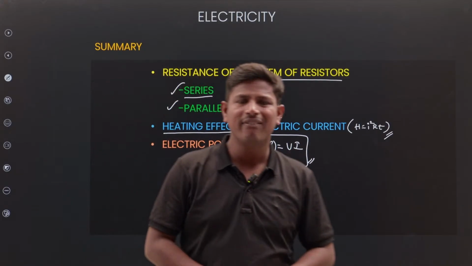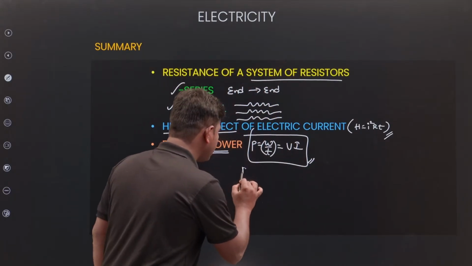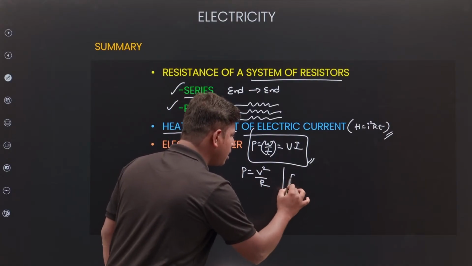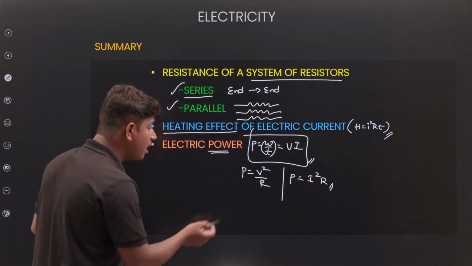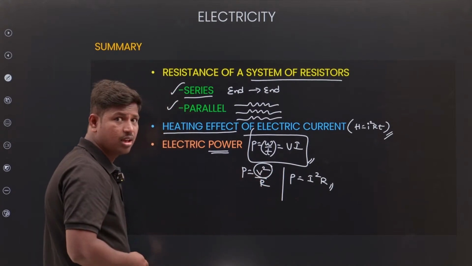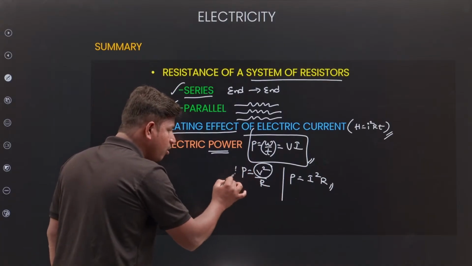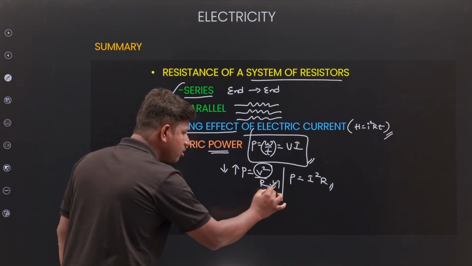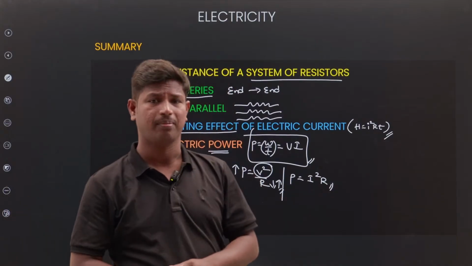In terms of potential, P is equal to V square by R. And in terms of current, P is equal to I square R. When the potential is constant, if power is more, resistance is less; if power is less, resistance is more. Simple. See the relation among them.